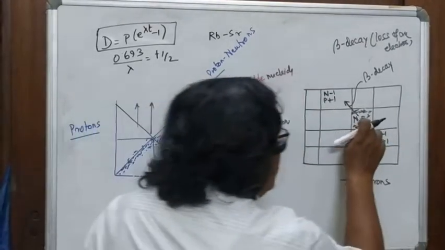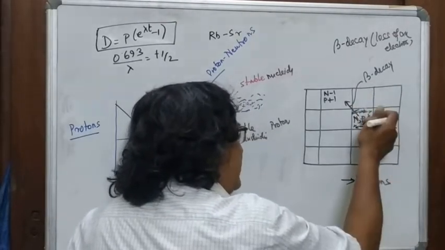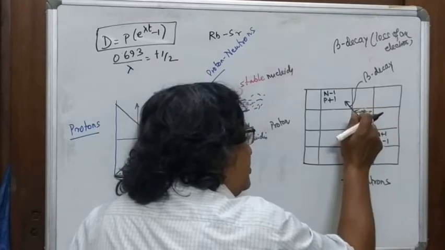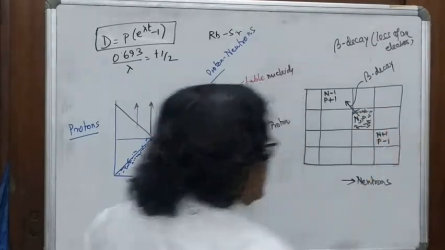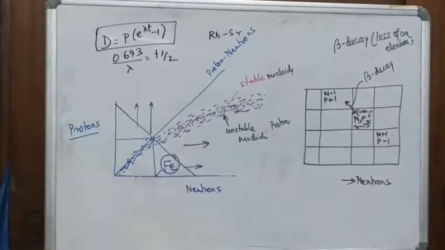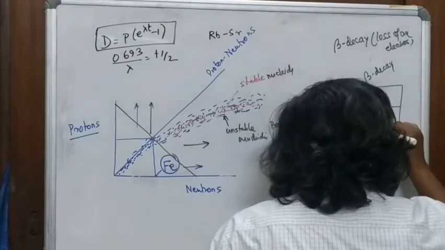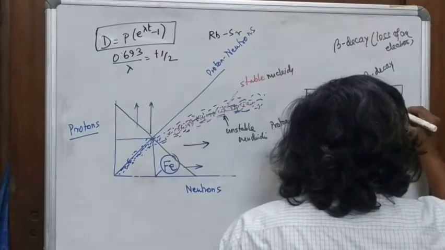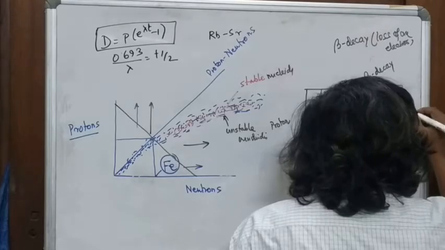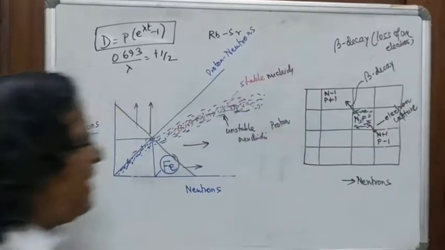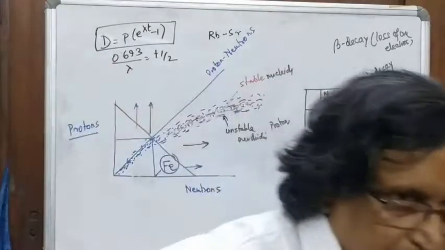If a proton admits an electron, the electron comes in and reacts with the proton to produce a neutron. So P reduces by 1, neutron increases by 1. So you have N plus 1 and P minus 1. And this is called electron capture. So these are the pathways of radioactive emissions.